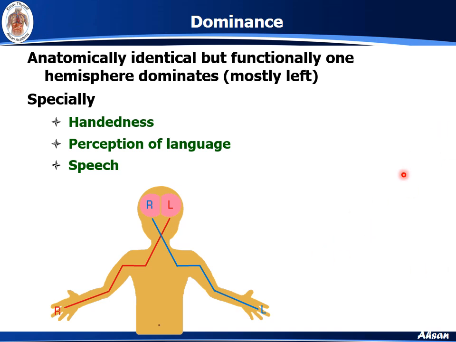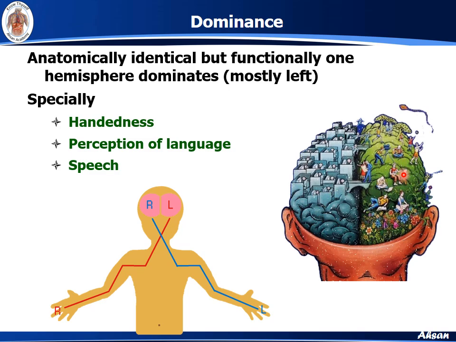The dominating hemisphere has the linear nature of doing work. The recessive one performs the spatial job. Let us try to understand the activity of the recessive one. The dominant one is the left.